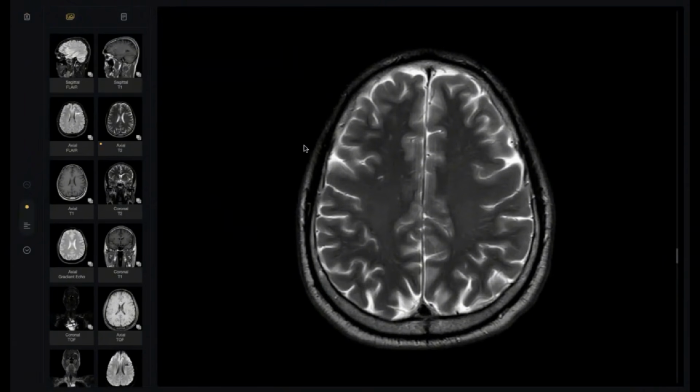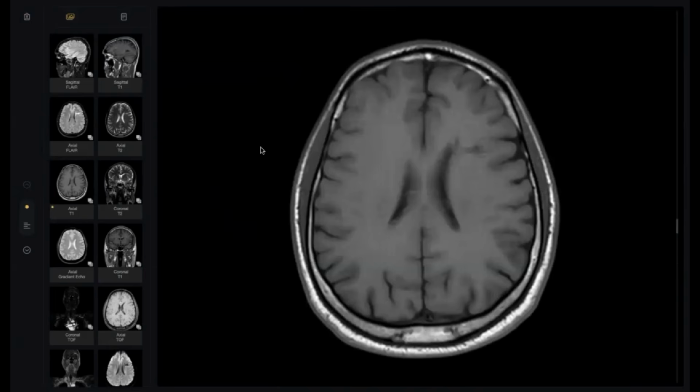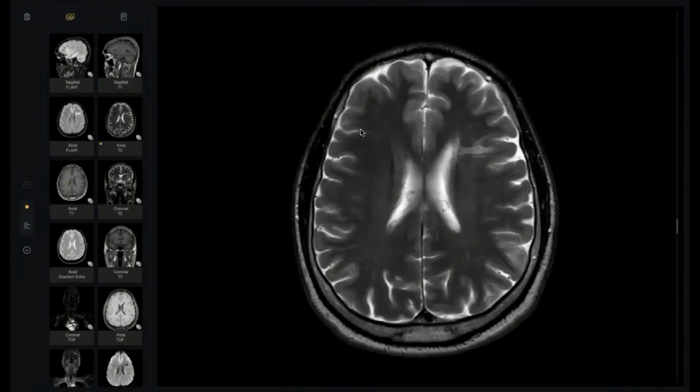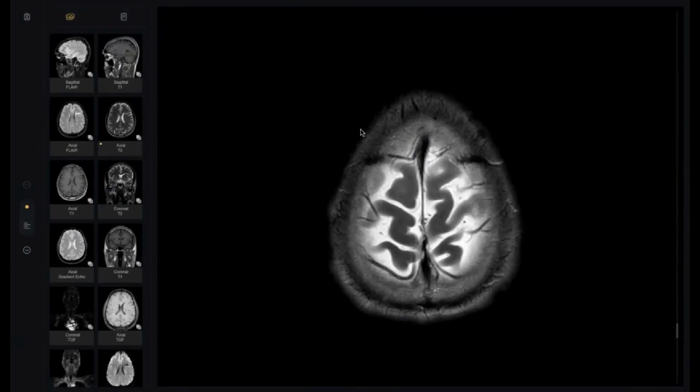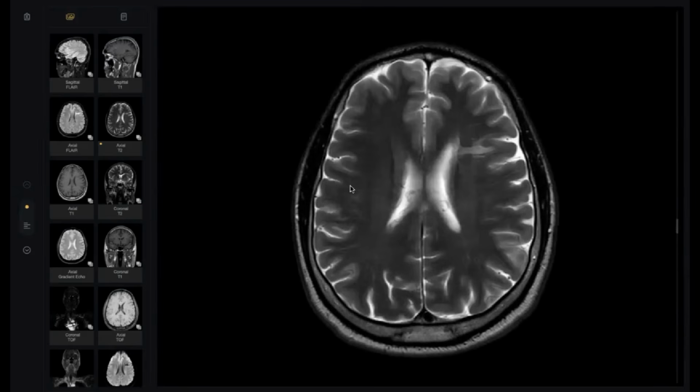First, I would like to see axial T1 MRI. No, no, no. Don't choose something other than what the examiner gave you. Okay, sir. Go on. Scroll this one.